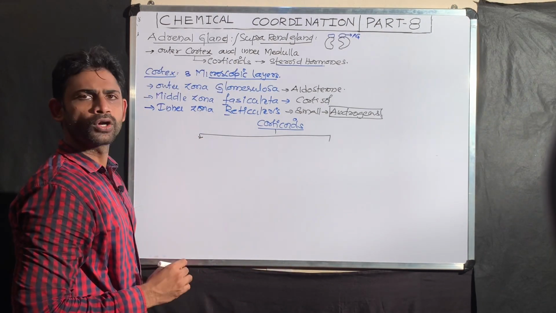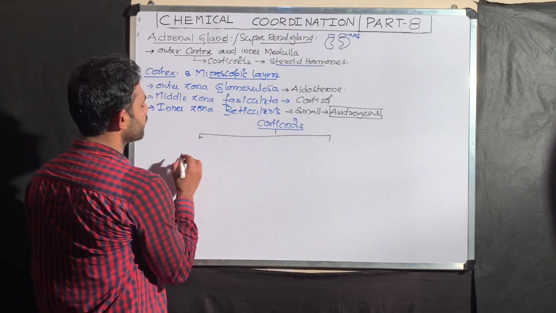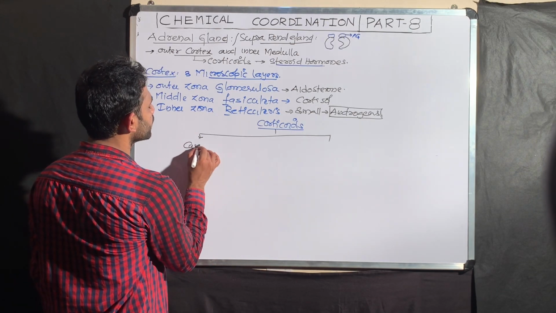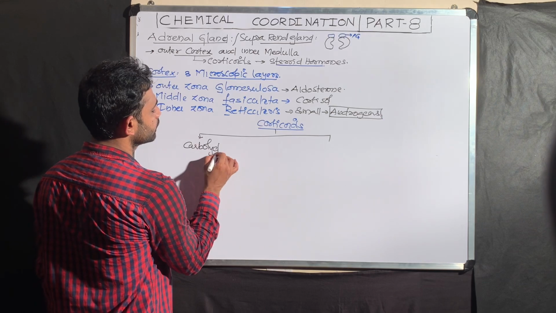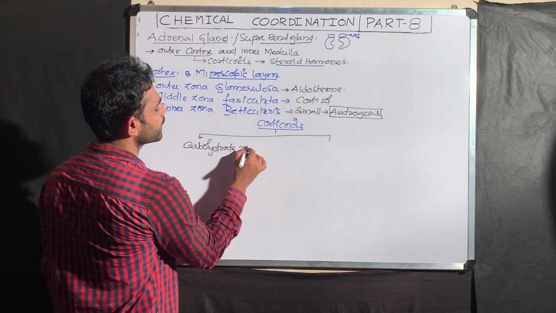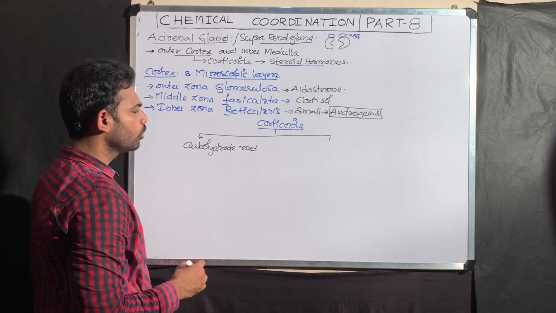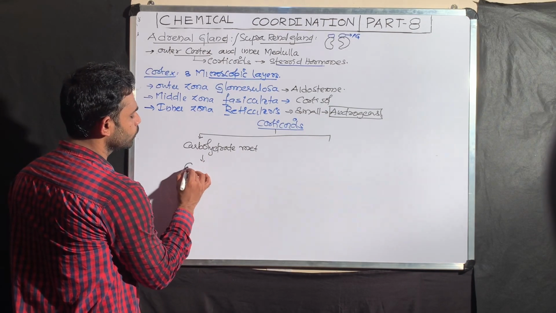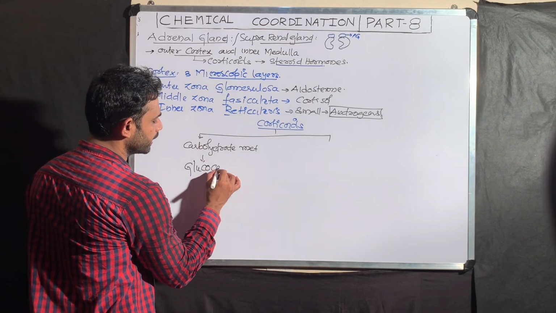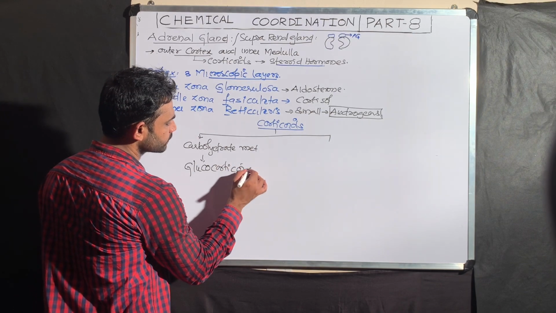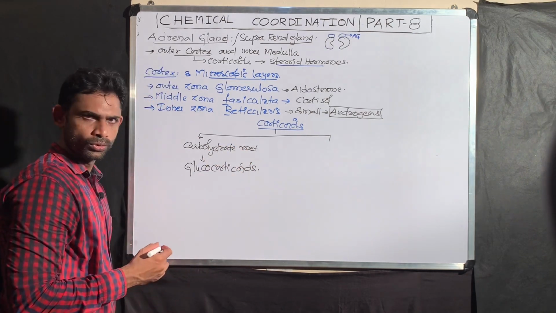The type of corticoids that show effect on carbohydrate metabolism are called glucocorticoids.